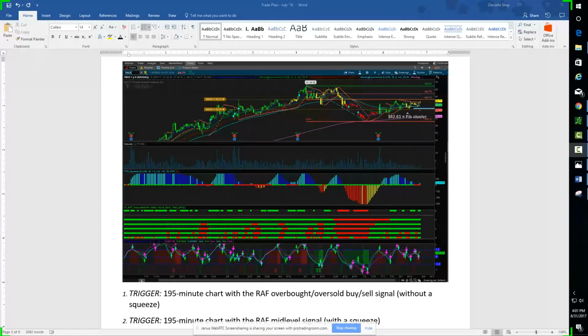You can use a scanner, you can use a watch list, and charts are going to be setting up everywhere. You just have to find them, and finding them is a huge part of that. I can definitely go over that at the end, but I want to get through these setups first, and then I can go over how to find them. But a really important part is how to recognize them, which is what I'm going over.